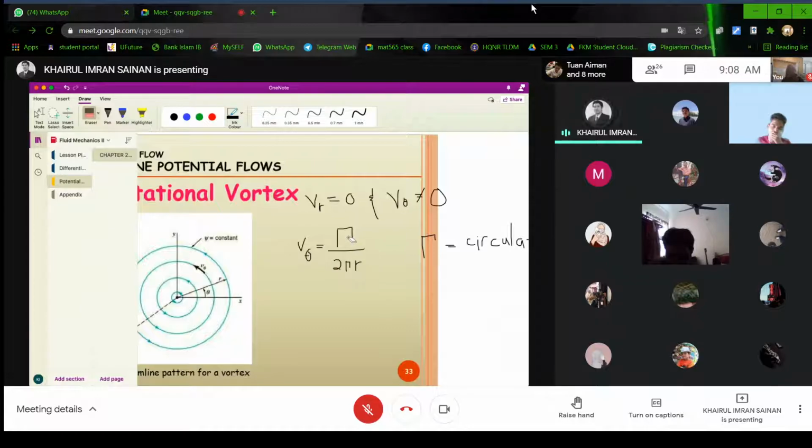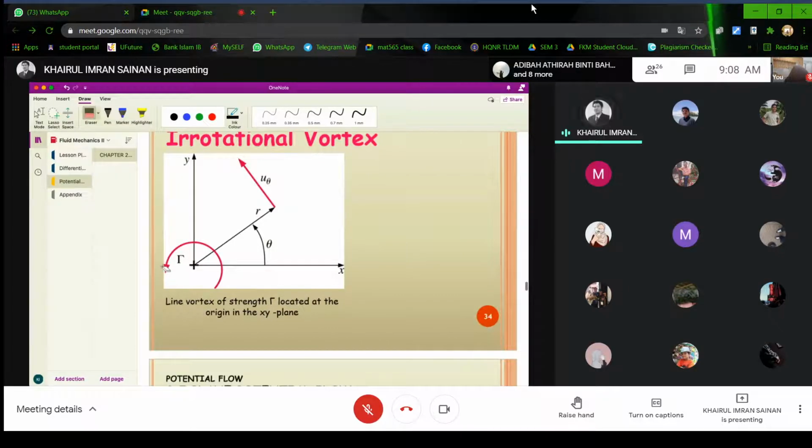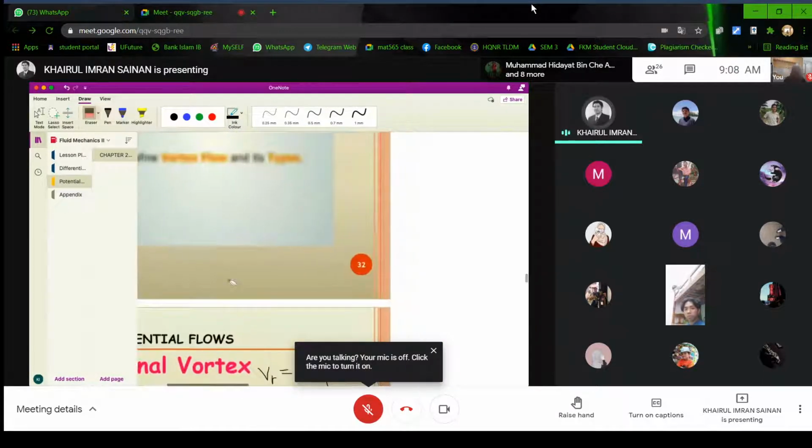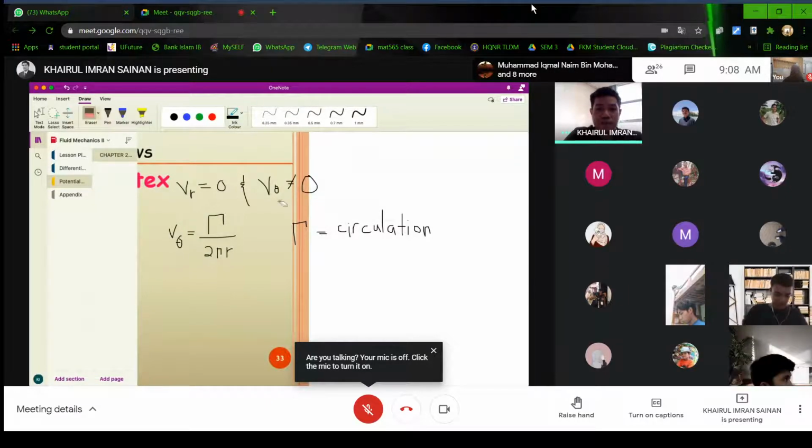So what is kappa? Kappa is the rotation of line vortex positioned at the origin. So basically a position at the origin. So how to calculate kappa? Check back your previous lecture, zeta dA, right?